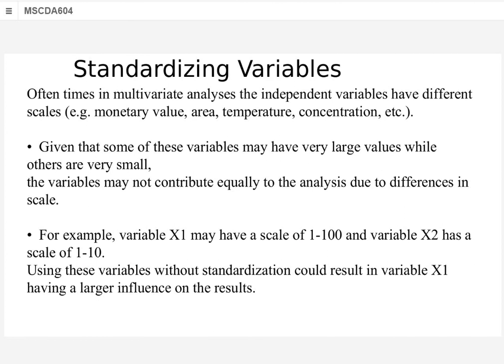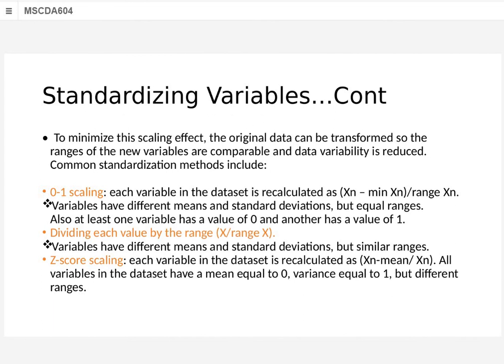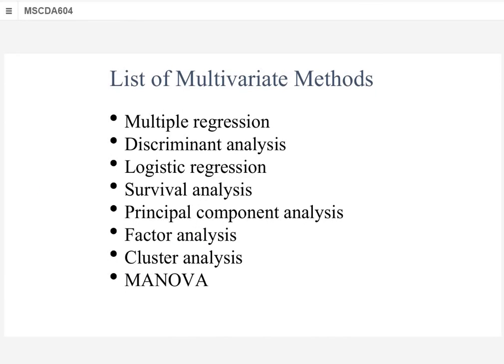There are some techniques that are used, like standardizing the variables first, and then performing some methods for analysis like multiple regression, discriminant analysis, logistic regression. You do most of this in statistics.